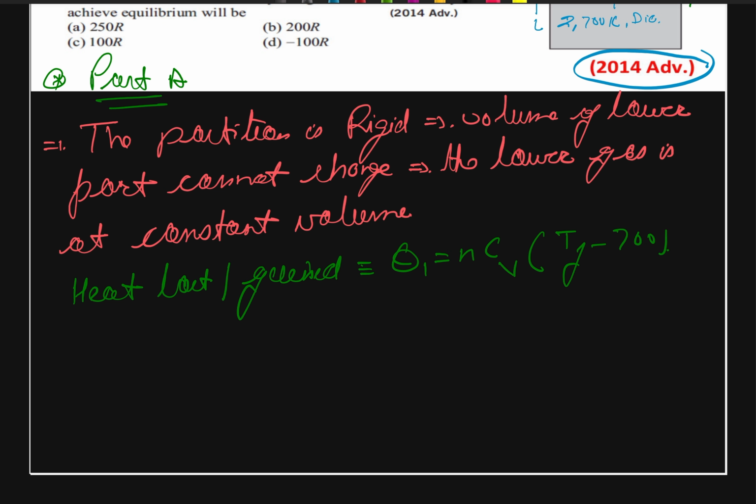This was for our lower compartment. Now we come to the upper compartment.